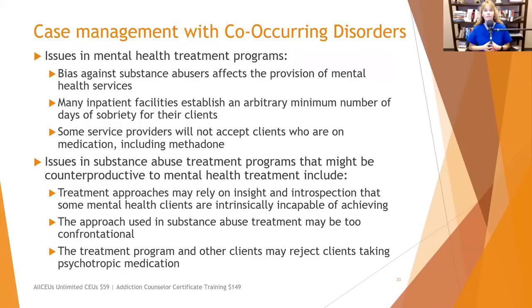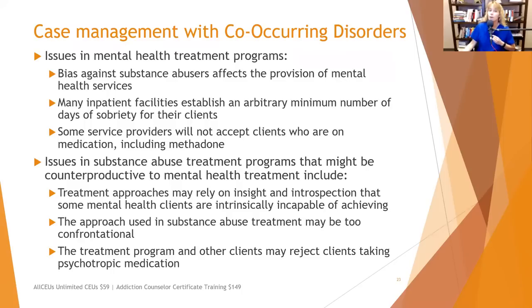So it's important, if you have a client with very weak ego strength or borderline personality disorder or something, that they are provided safe treatment, and that if they're enrolled in a substance abuse program, clinicians are aware of any particular mental health issues that may need special attention. And treatment programs and other clients may reject clients taking psychotropic medication. And this is true not only in treatment programs, but also in many self-help groups.